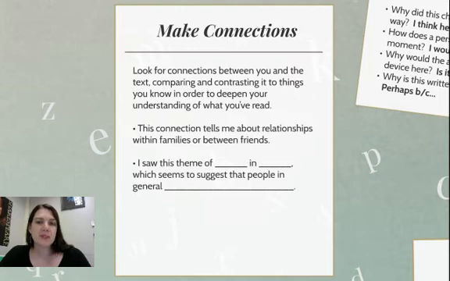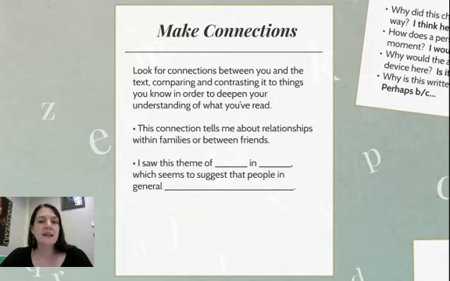Another piece that you want to do as you're reading and annotating is making connections. You want to look for connections between you and the text, comparing and contrasting it to things you know in order to deepen your understanding of what you read. These connections don't have to be to you personally, like the time that you read your first book, but maybe drawing on your background knowledge of whatever the content is.